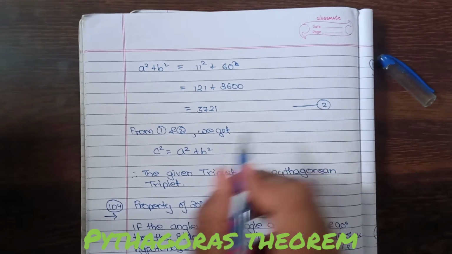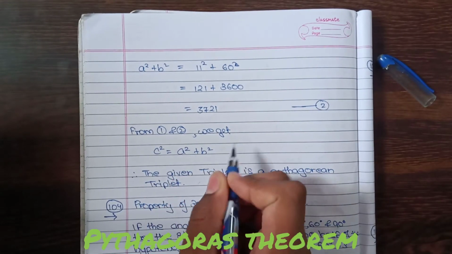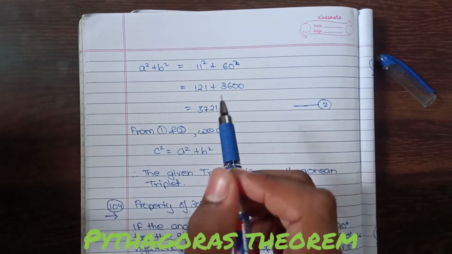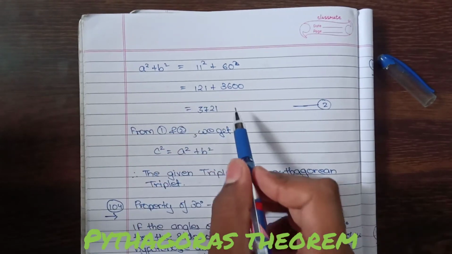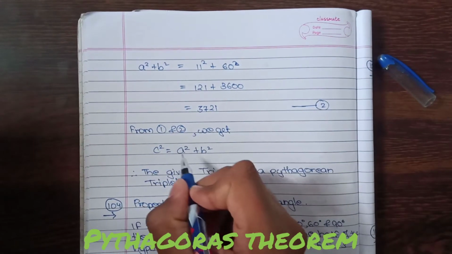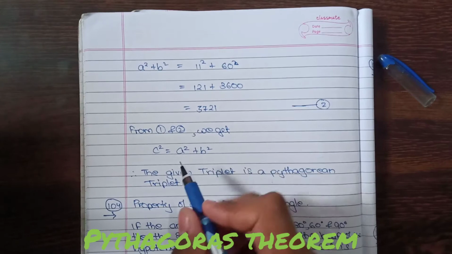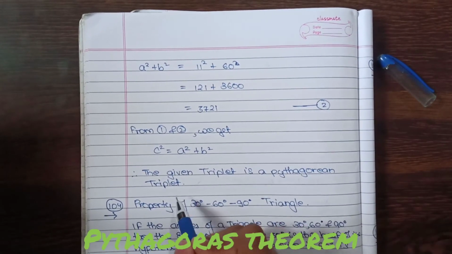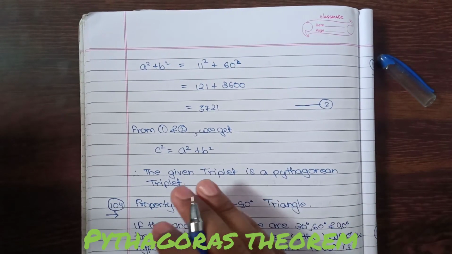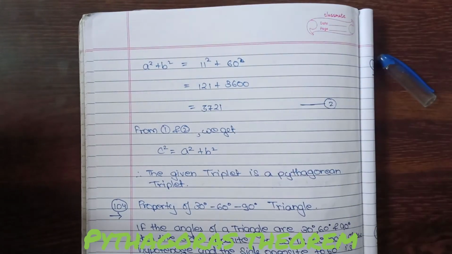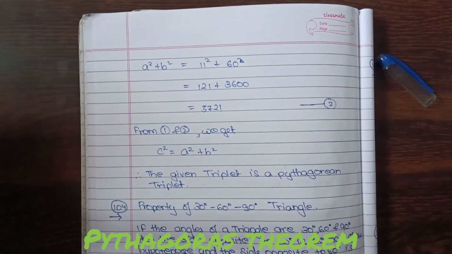From 1 and 2 we get that c square equals a square plus b square, means c square was 3721, and a square plus b square is also 3721. Therefore c square equals a square plus b square. Therefore the given triplet is a Pythagorean triplet. By this procedure you can prove this.